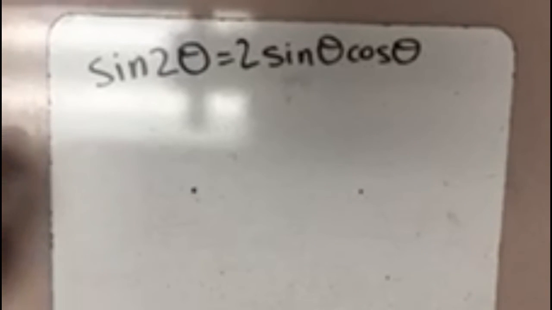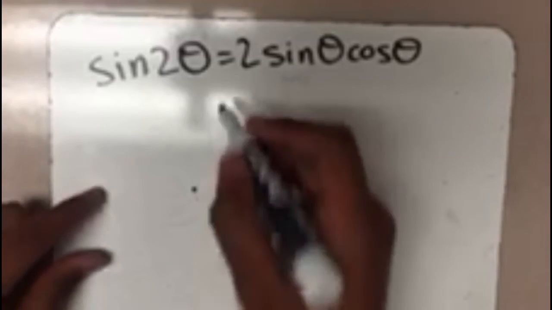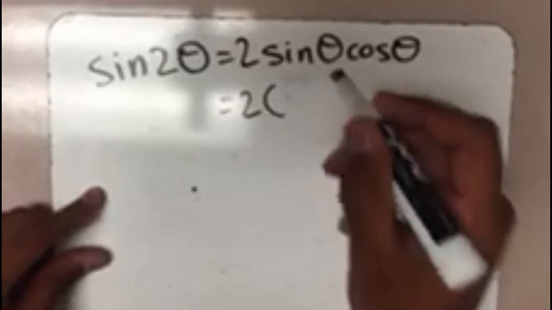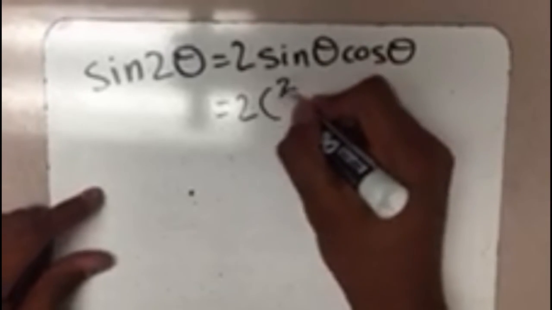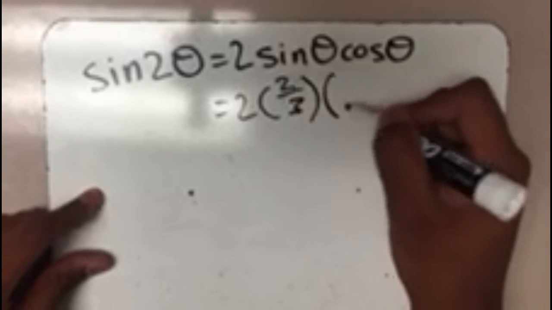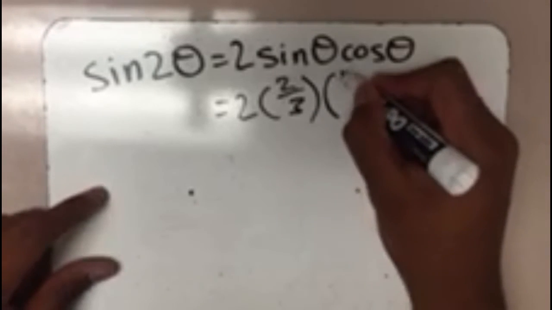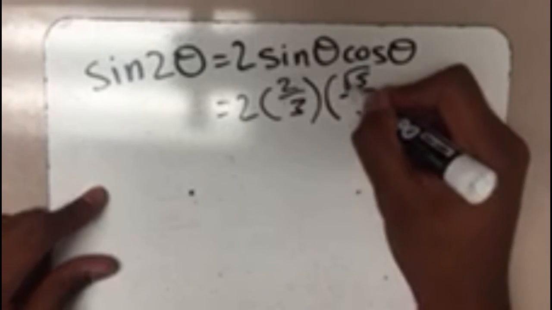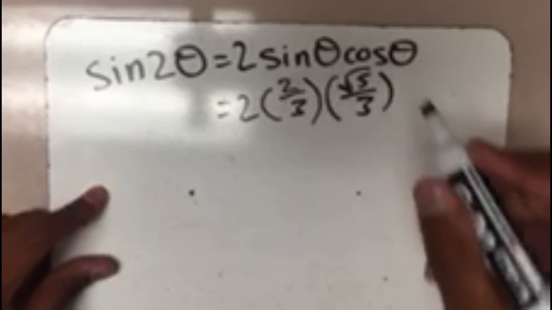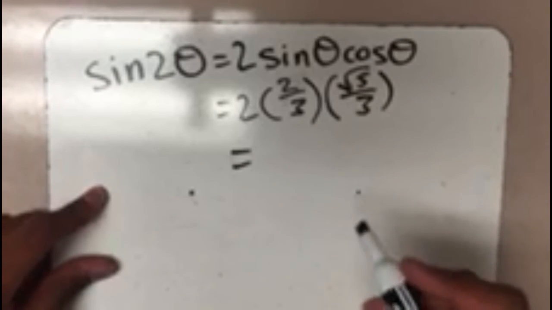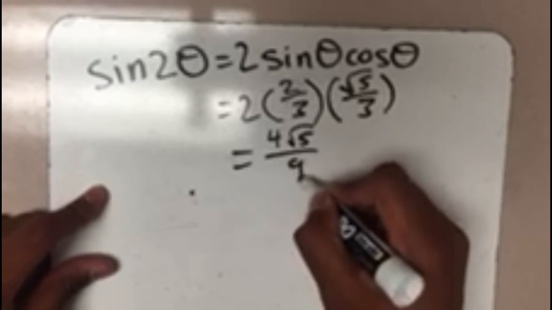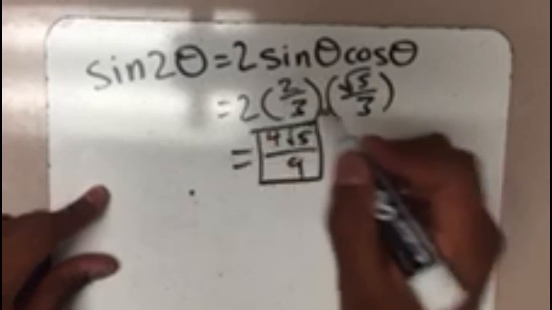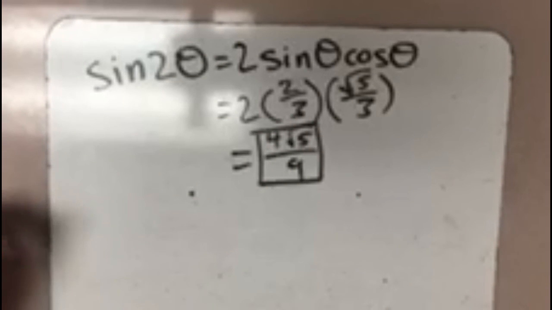And then plug in what you have for sine theta and cosine theta. So you have 2, and sine theta equals 2 over 3. So 2 times 2 over 3 times cosine theta, which is root 5 over 3. And the answer to that is 4 root 5 over 9. And that is your answer for sine 2 theta.